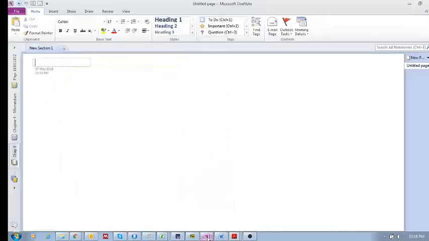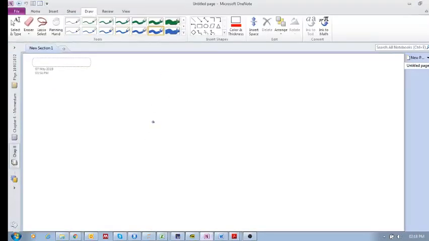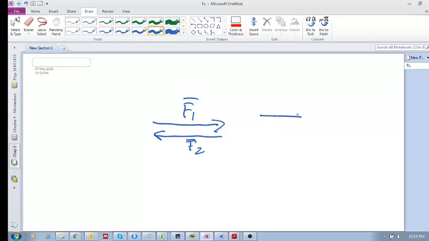So if you've got a force F1 and another force F2, and you add them up, then the vector sum of these two would be that. There's your vector sum.